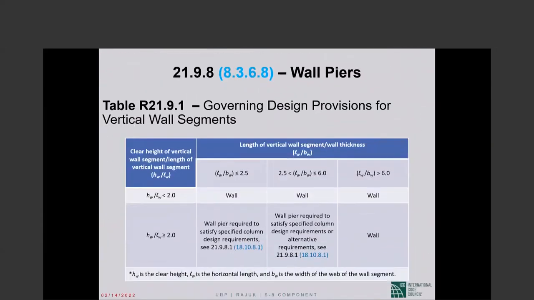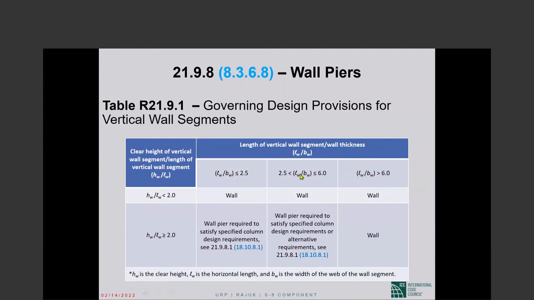Okay, the main thing I want to convey to you is summarized in this table that is in the commentary to ACI 318, table R21.9.1.